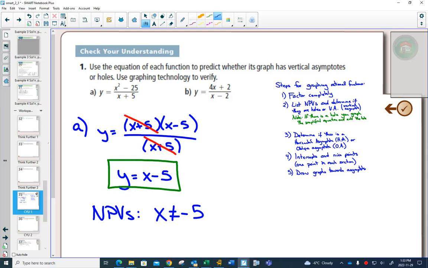That means it's going to be a hole. So we're going to have a hole at minus 5 comma something, and the y coordinate you find by plugging into the new equation, minus 5 minus 5, minus 10, that will be your hole.